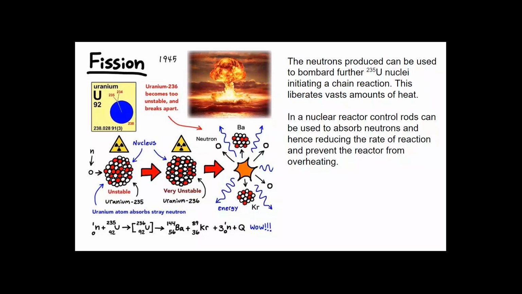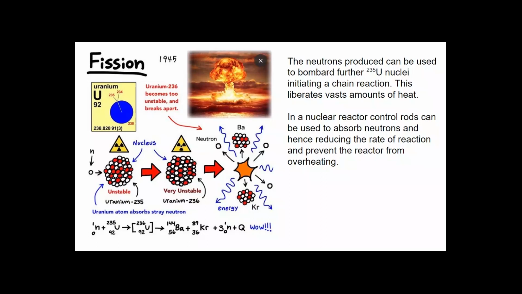And the reaction can become uncontrollable. That's why we need control rods to absorb these neutrons at given points in time, so the rate of reaction can be controlled, so that only a steady amount of heat is given off, and you don't get a nuclear explosion.